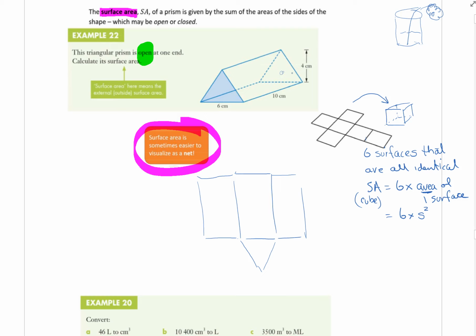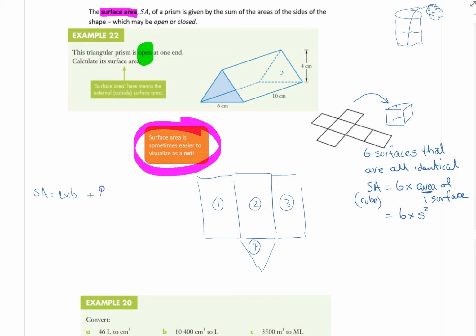Okay, so to get its surface area, I can see I've got 3 rectangles. I can never be sure that they will be exactly the same size, so we don't assume they're all equal. So I'll say that the surface area is 1, 2, 3, and 4. I'm getting the area of 4 surfaces. This one is a rectangle, it'll be length times breadth.